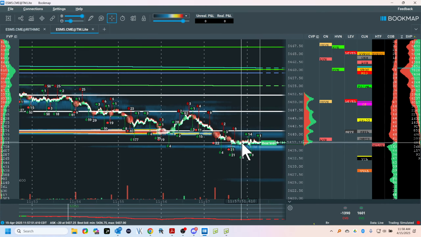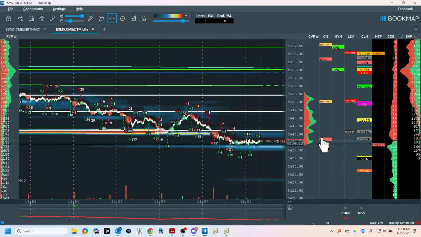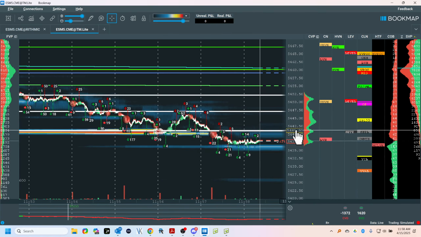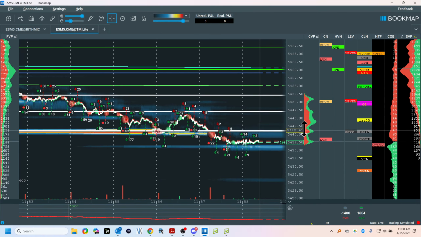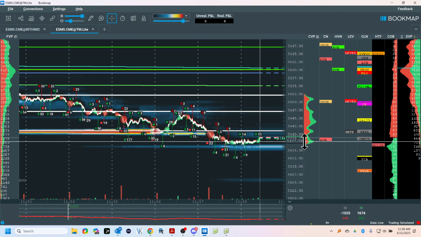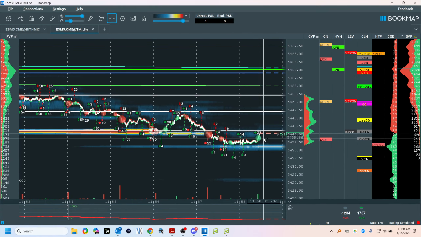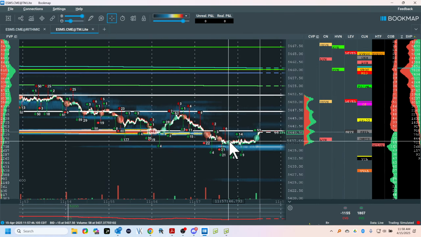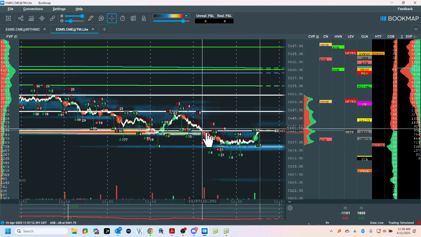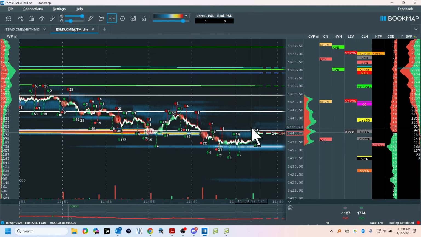The idea is with this that when we come out to these areas, now there's a high volume node, too high. Now we have another one. We want to watch these behaviors here. Outside edge. We need to clear this. This is resistance now.